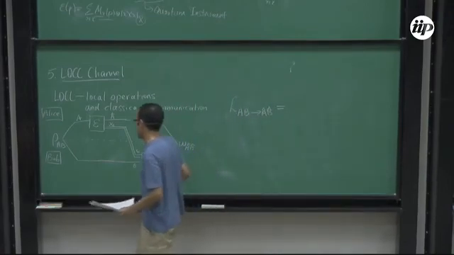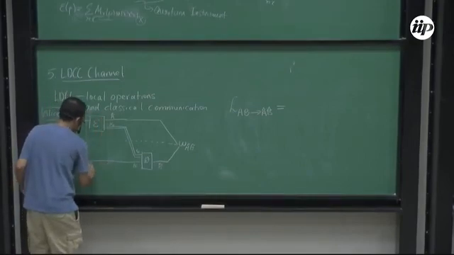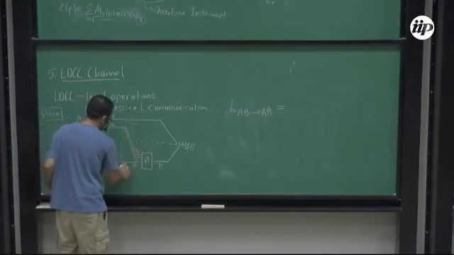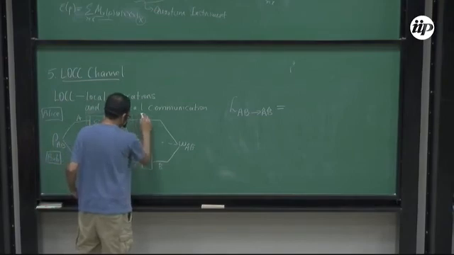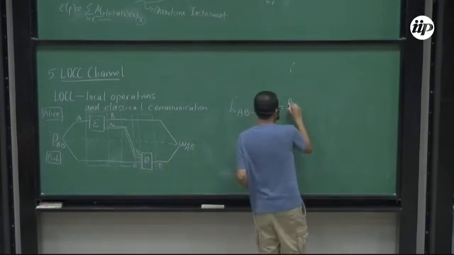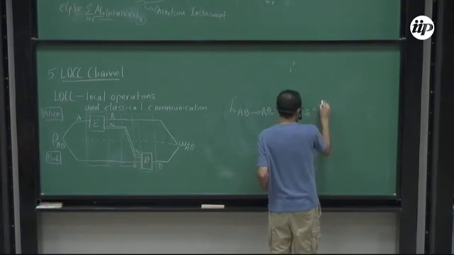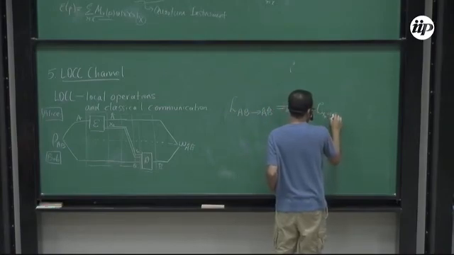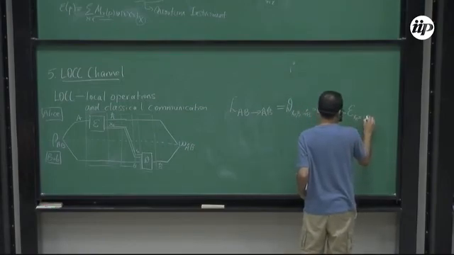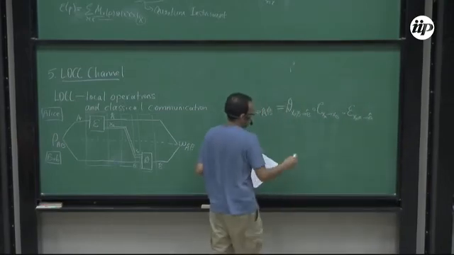So we can describe it as a combination of three things. The first was this part, where Alice did something locally in her lab. The second part is a classical communication channel from Alice to Bob. And the third part is the local operation on Bob's side. So we can describe it in this way. And this is the classical communication channel.